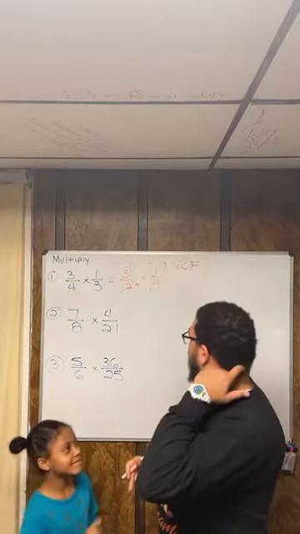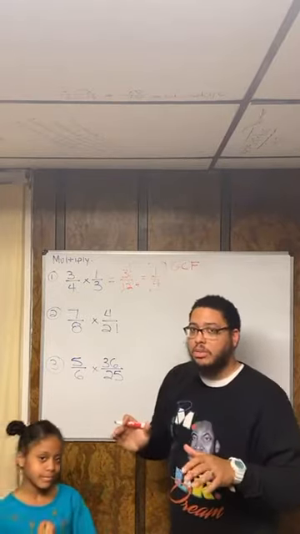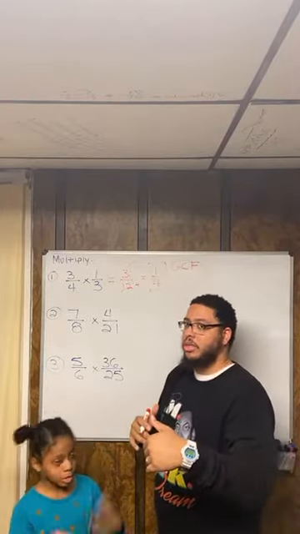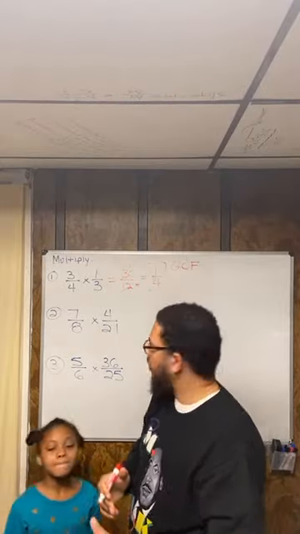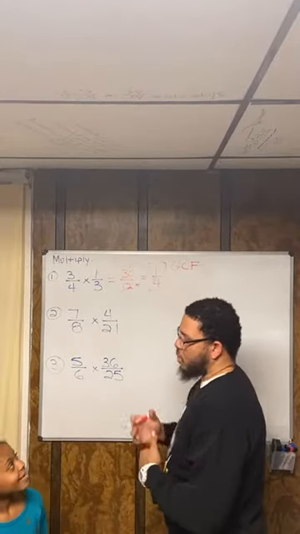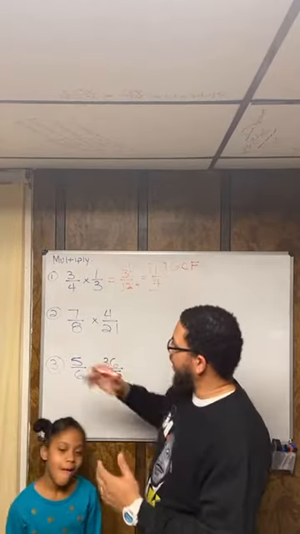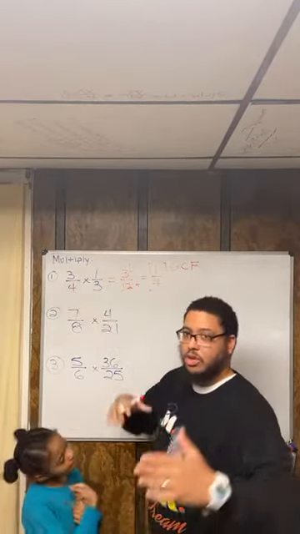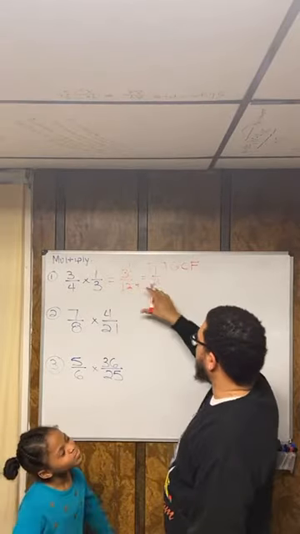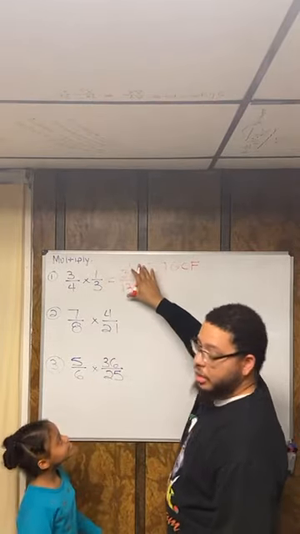So look, we didn't cross cancel. We could have cross canceled, but we didn't. So it's like a now and later type of thing. We can either simplify now in the beginning of the problem, which will be cross canceling, or we can simplify later like we did this way when we did the problem.